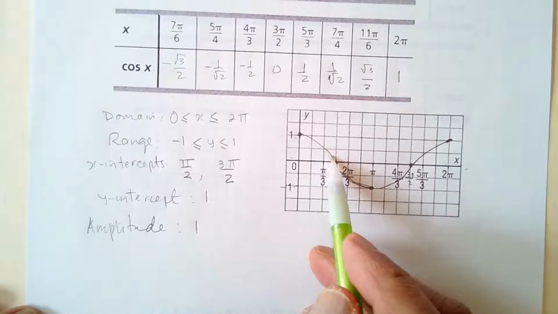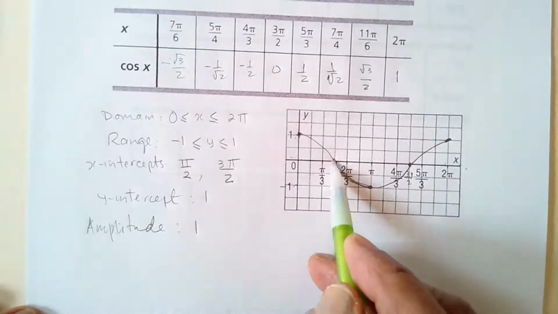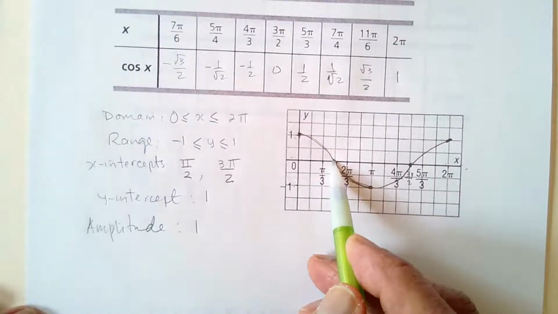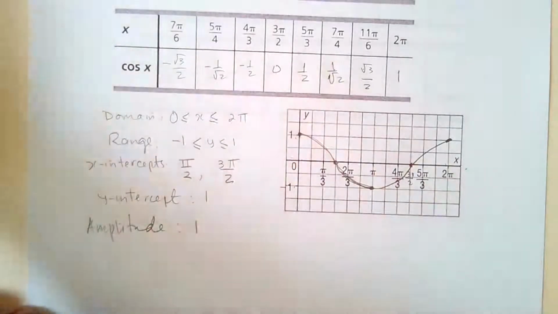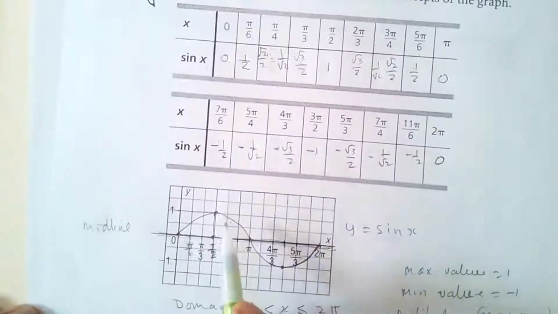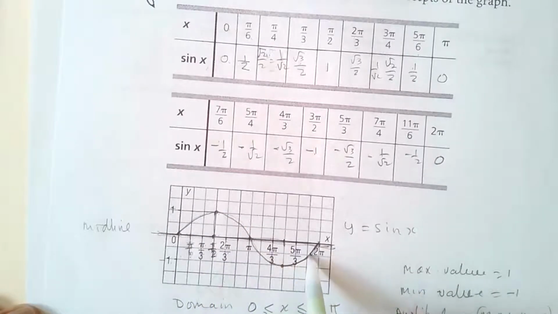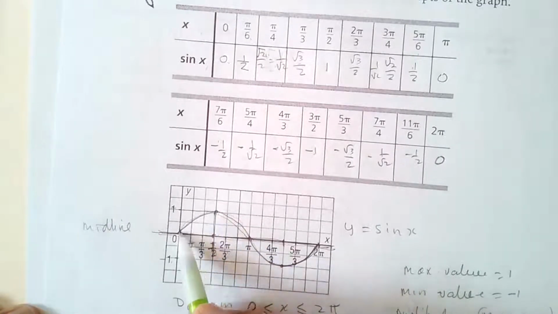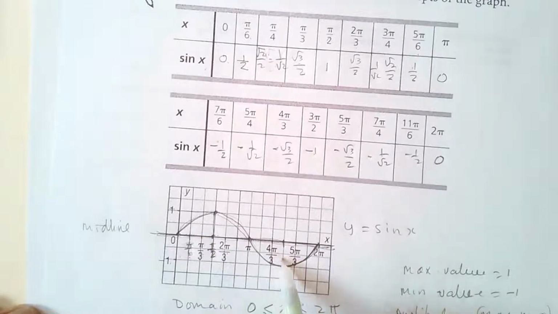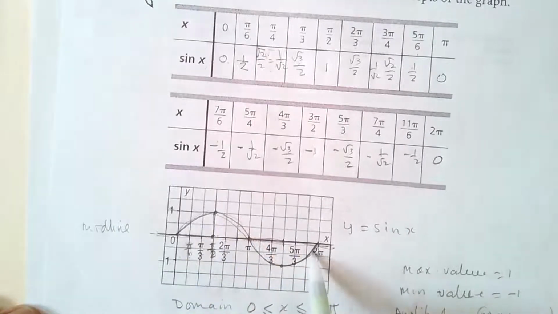Where is it complete? If you go back to your sine here, we start from here, come back, and it repeats. So the entire period here is 2 pi.